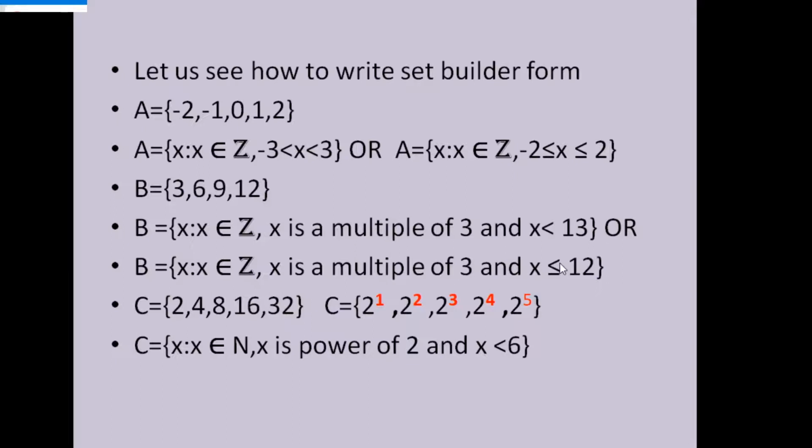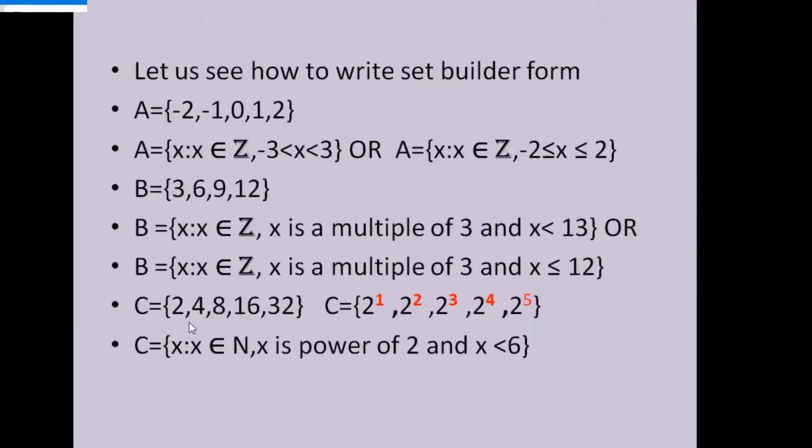In this kind of inequality we have an option: it is equal as well as less, and here it is strictly less than 13. So the third example, 2, 4, 8, 16.